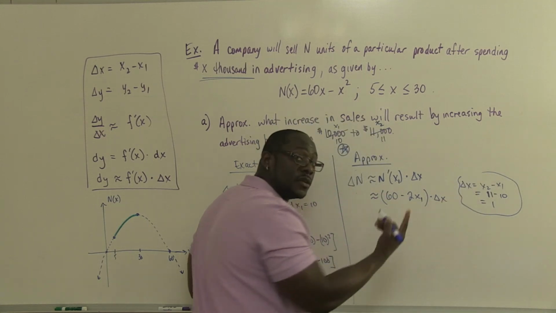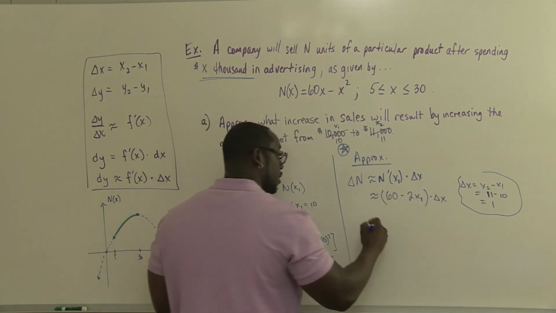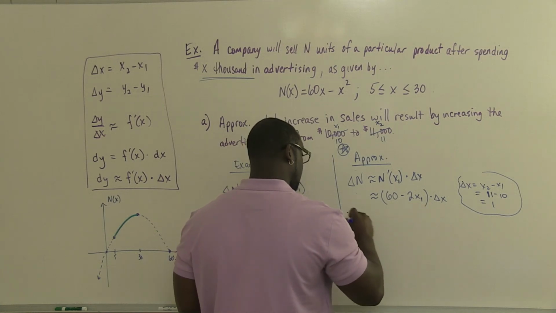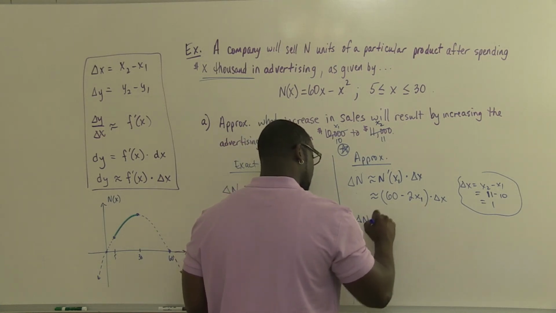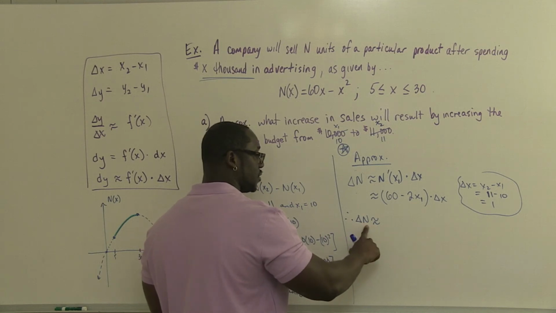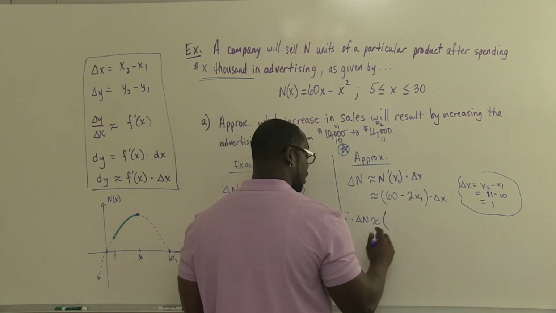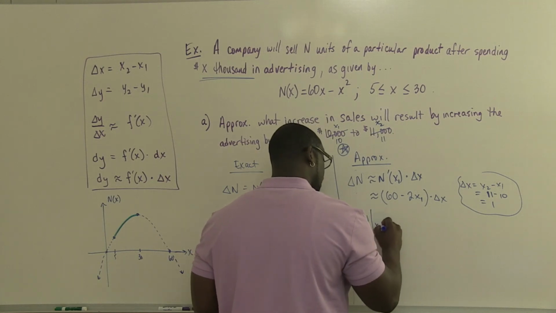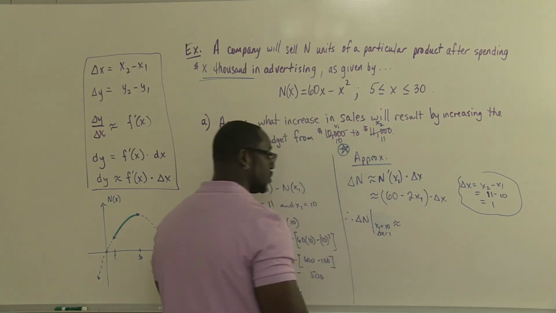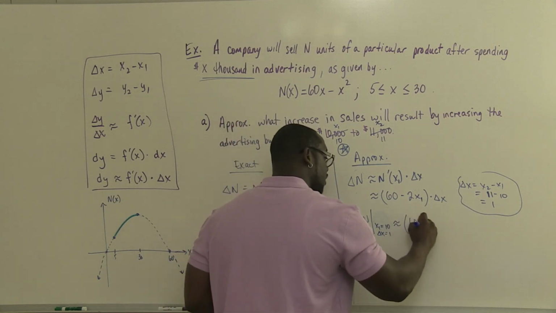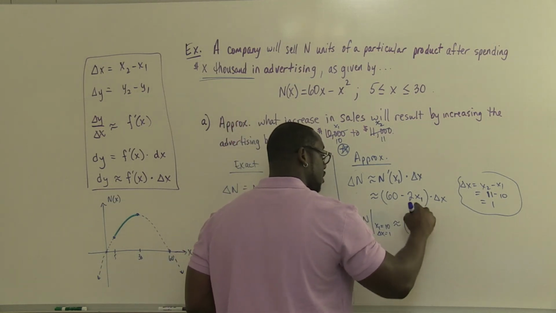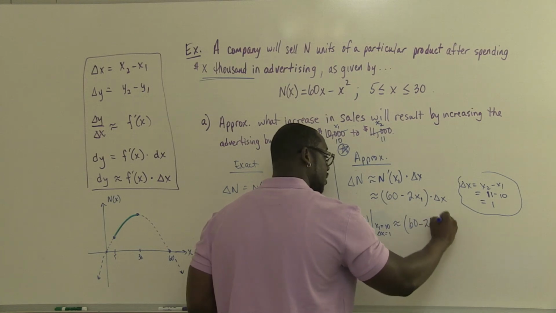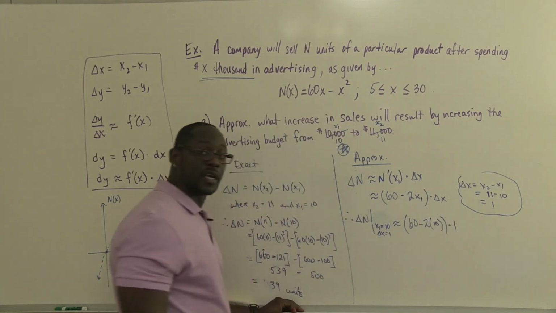So our delta x here would just end up being a 1. So now we can say that delta N is approximately equal to, and I'll put this notation there to be clear, let x1 equal 10 and delta x equal 1. So we can do that: 60 minus 2 times x1, which is 10, all that times delta x, which is 1.